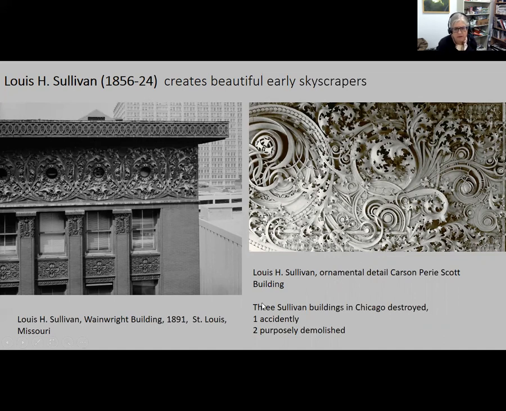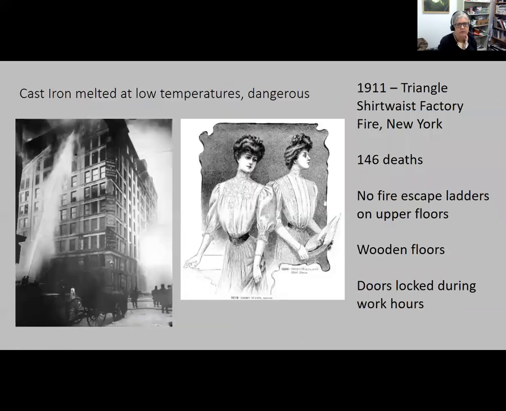He designed a bunch of buildings in Chicago, and recently, sadly, 3 of them have been destroyed. One of them accidentally, and 2 purposely demolished. But in my eyes, it's a sin to have destroyed these buildings. They should be World Heritage Sites.